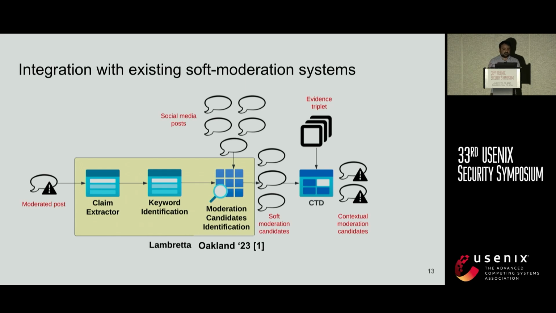For this case, we use Lambretta for the soft moderation system, but essentially our technique can be plugged into any open source or closed source soft moderation system that is being employed by a social media platform. And then this contrastive textual deviation can be used as a filter to moderate only the posts that are spreading the misleading information. So this is what the end-to-end pipeline looks like.